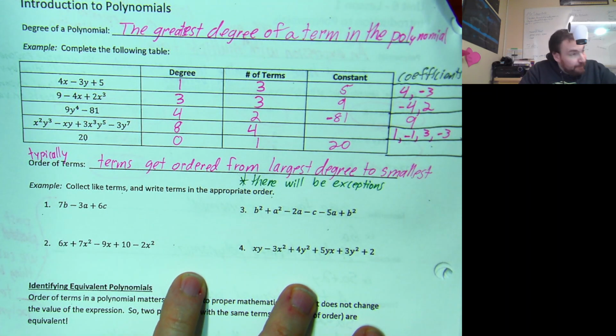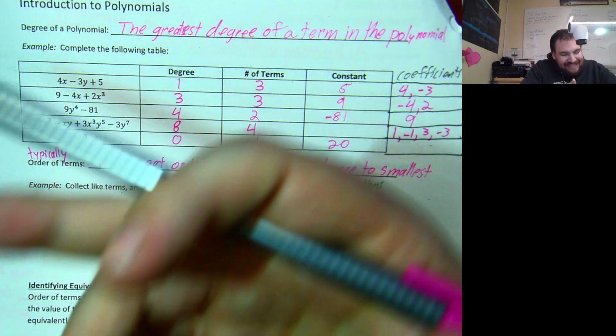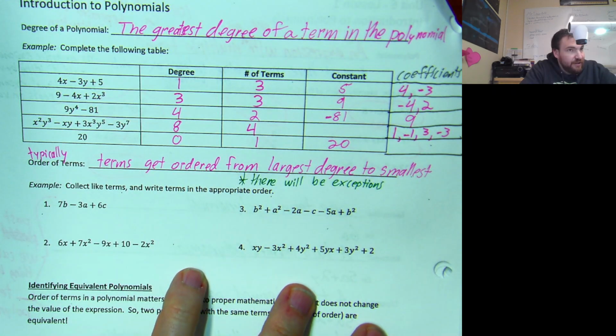So, for example, if I have these four polynomials here, if we're going to order them from largest degree to smallest degree, what would I do with number 1? Does anything have to happen with number 1? No. Nothing has to happen because the degree on every term is 1. Now, the one exception is sometimes you get neurotic mathematicians who like to keep things in some sort of order. So how many of you are a little bit bothered by what's here?